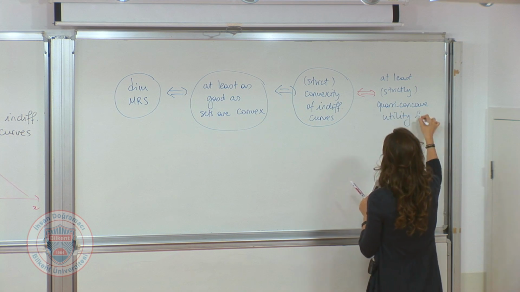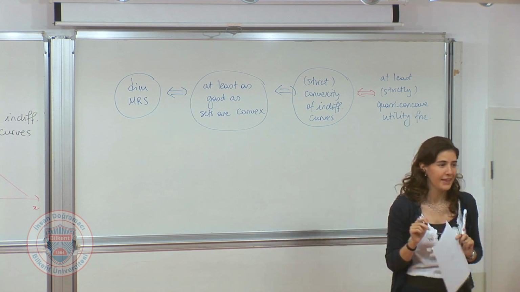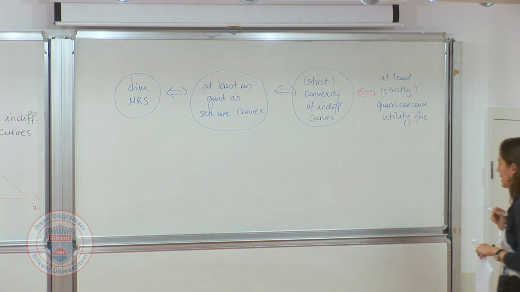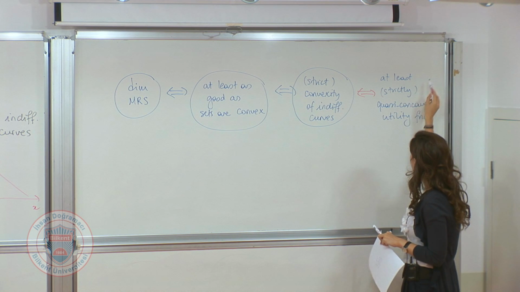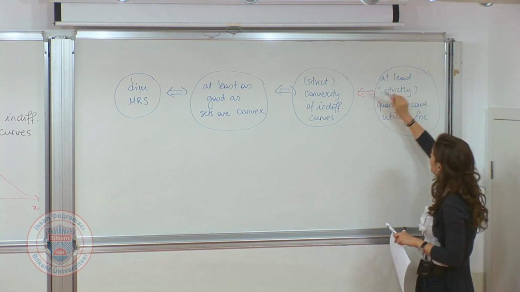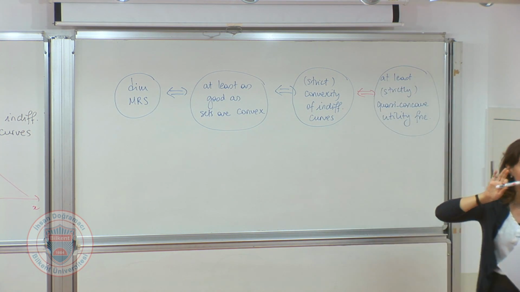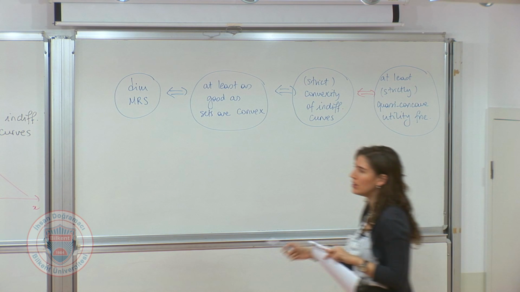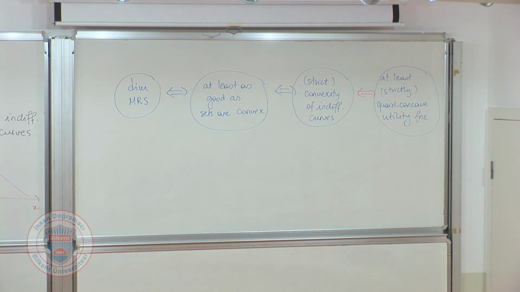Remember, if we would like to have those nicely shaped indifference curves, then we should have a utility function that is at least strictly quasi-concave, right?